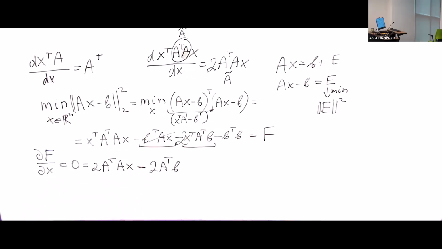And think about b as a constant, right? And 2 is a constant. So in derivatives you can multiply by a constant. Every time you multiply by some constant, it stays as is. You're not changing anything in the derivatives. All right. So what is that saying? It's twice A transpose times (Ax minus b).